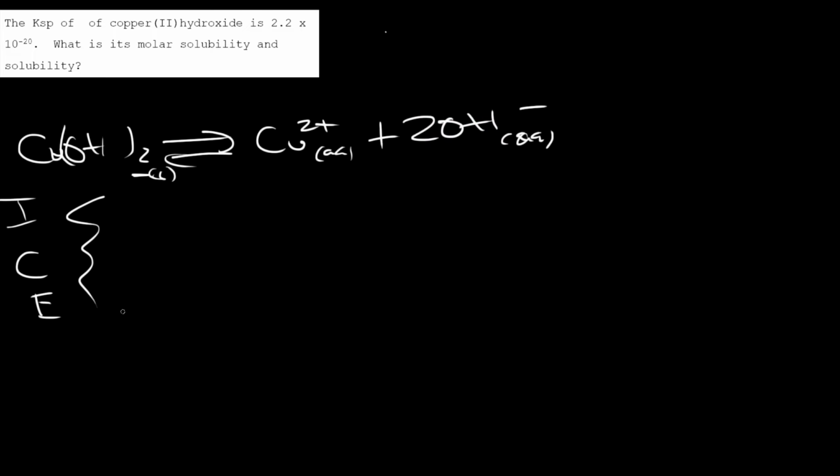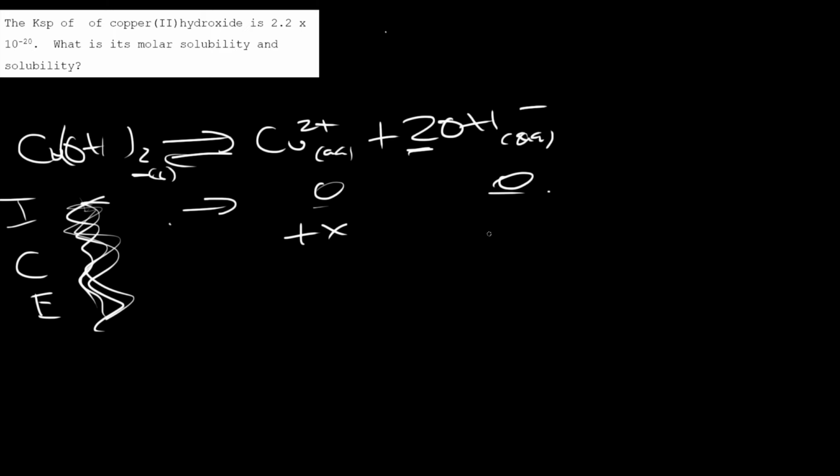So we have 0 of this and 0 of this, so the reaction goes in the forward direction. We don't care about the concentration of copper(II) hydroxide because it doesn't show up in the solubility equation. It's plus x because it's going forward, and there's a 2 here, so this is plus 2x.